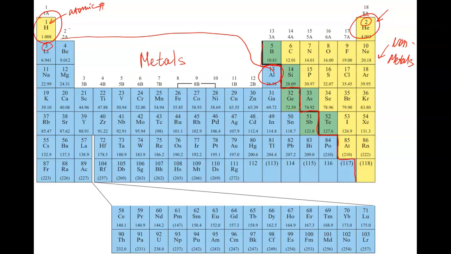But so it is a metal, but somehow we can tell that aluminum also has metalloid properties. So you can call aluminum both a metal and a metalloid. Please remember that elements that are directly next to this staircase are metalloids. So we have metals, non-metals, and metalloids.